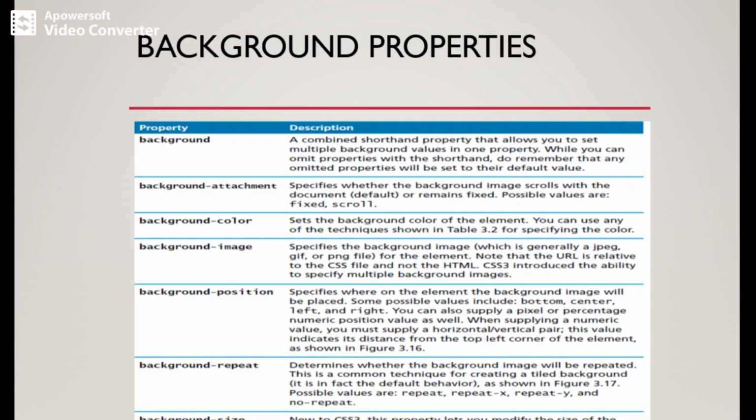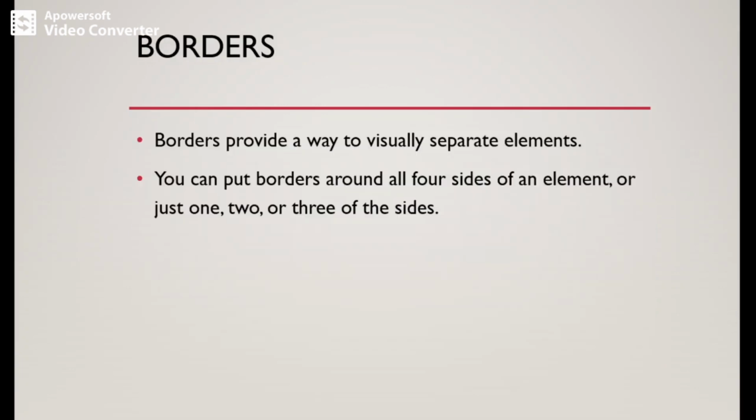There are several background properties you can go through. Background color you can set for your HTML element. Even the background image you can do. Background position means where exactly that background image should be placed. Background repeat determines whether the background image will be repeated. Many properties are there you can use.